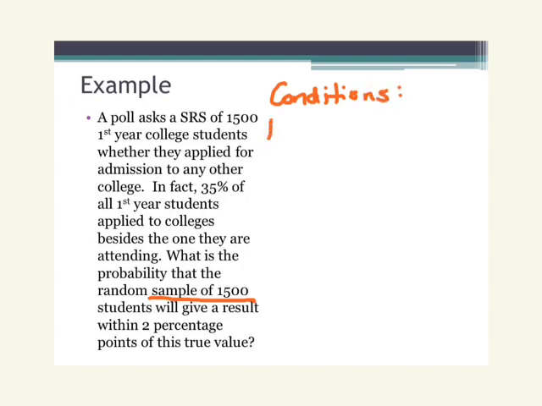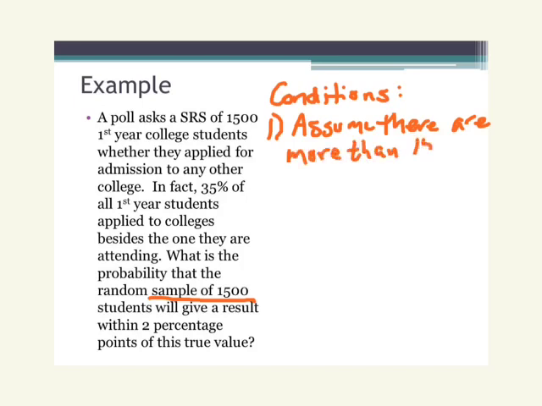So our first condition, again, we need to say that our population is 10 times larger than our sample. All right, so how we're going to do that in this problem, we're just going to make a simple statement. We're going to say that we assume there are more than 15,000 first-year college students.